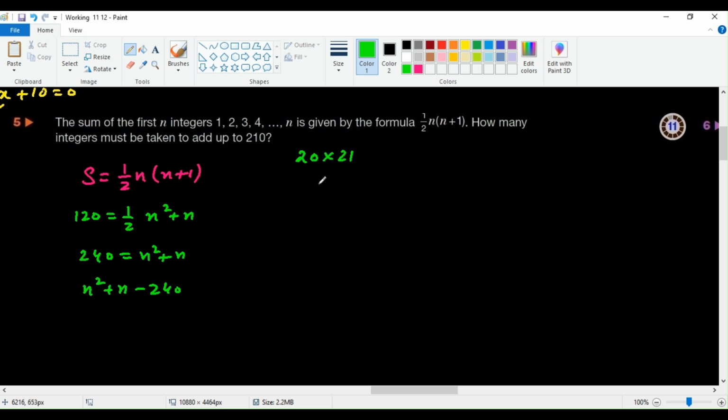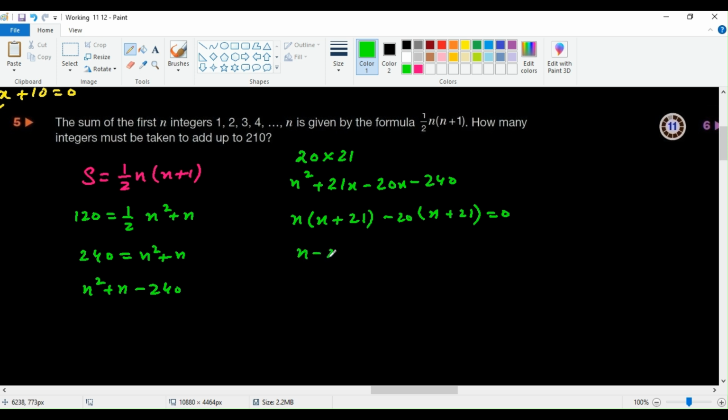So n square minus 240 I will write as it is, and plus 21n minus 20n is going to give us 240, and n plus 21, and we write n plus 21 as it is, and then minus 20 I will write here.